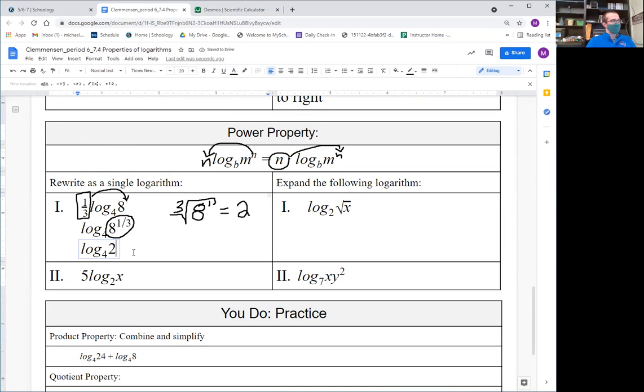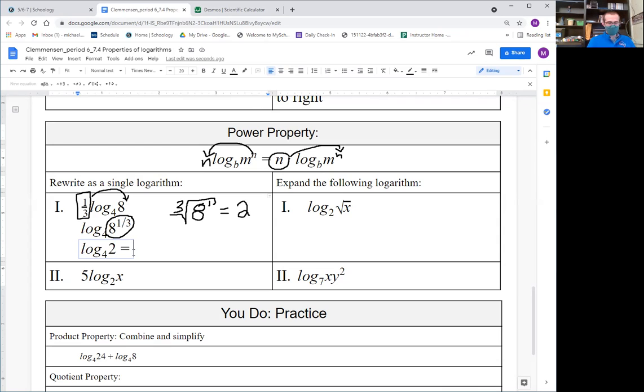Now, who can tell me what this right here is equal to? What is log base 4 of 2 equal to? Plug that in that calculator and let me know. Perfect.